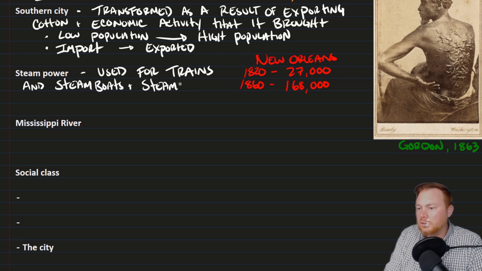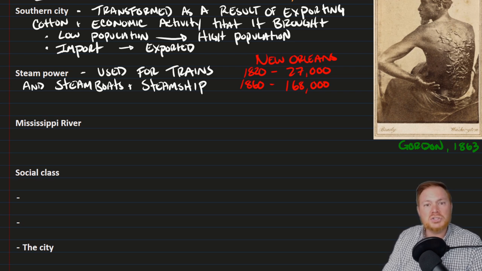I don't technically know the difference between a steamboat and a steamship, although I do for whatever reason remember that a steamboat is something that is on a river and a steamship is something that's on the ocean. But never mind. Steamboats and steamships were very important because, before that, the South had contained a lot of rivers.